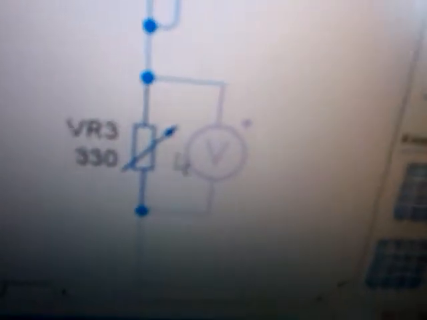Our RC is 333 ohms. Our RE is 330 ohms. VCE and VBE also are taken. So this is VC, 333 ohms.